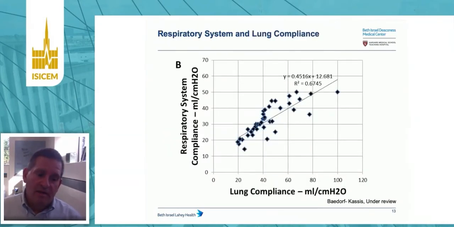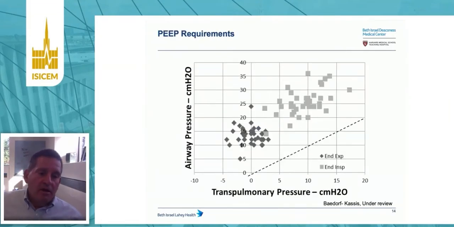When you look at the relationship between lung and respiratory system compliance, those are highly correlated, I think indicating that this is largely a pulmonary disease rather than having a significant chest wall component. Here we can see the PEEP requirements in order to maintain a transpulmonary pressure of 0 or greater.